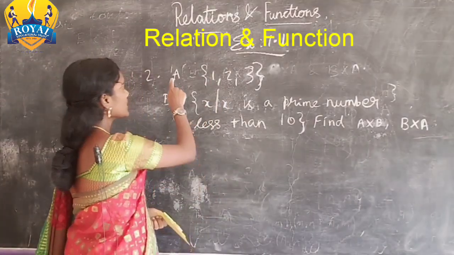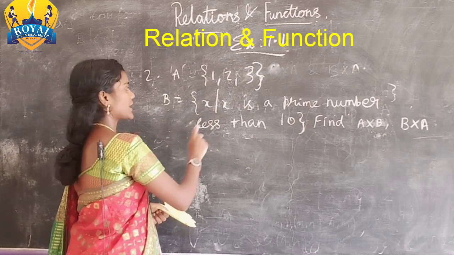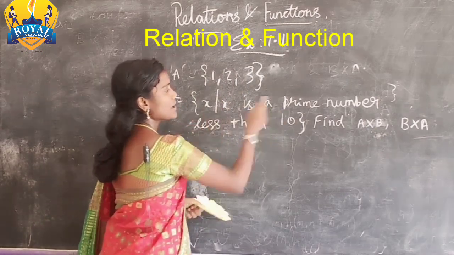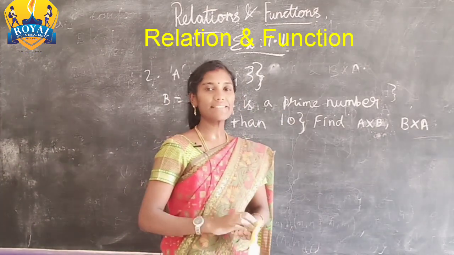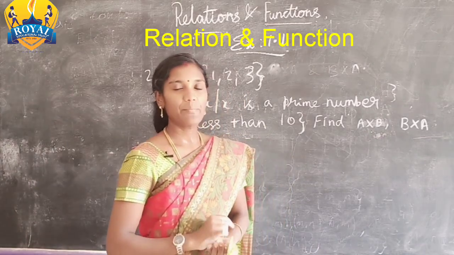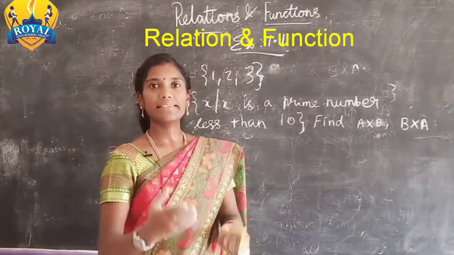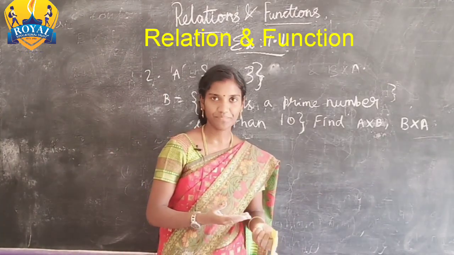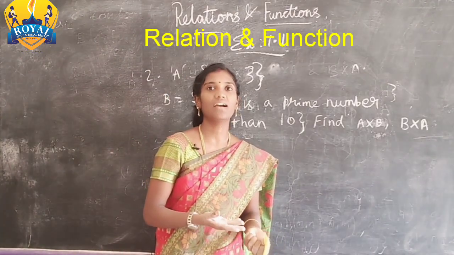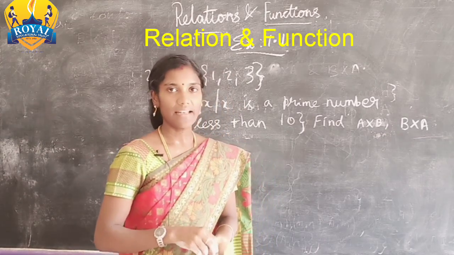Okay? I have done one condition and the other condition you will do in your note. Here A is equal to {1, 2, 3}. B is a prime number. Prime number means it is divisible only by 1 and itself. The prime numbers are 2, 3, 5, 7, 11, 13, 17, like this.